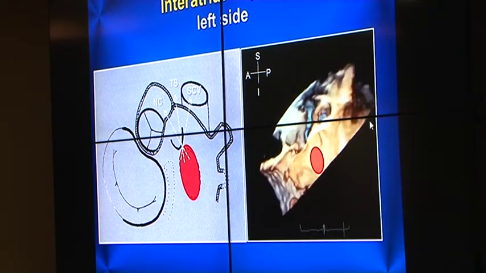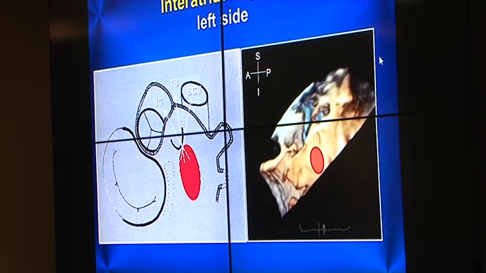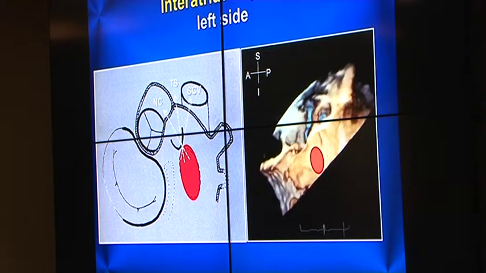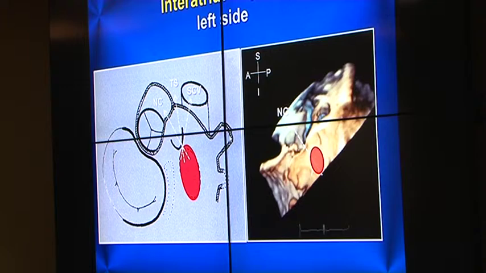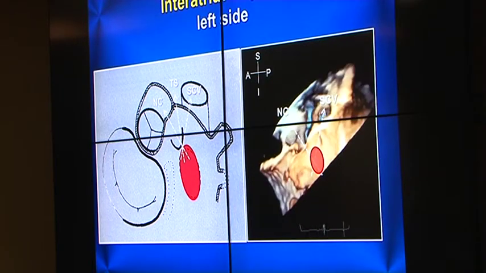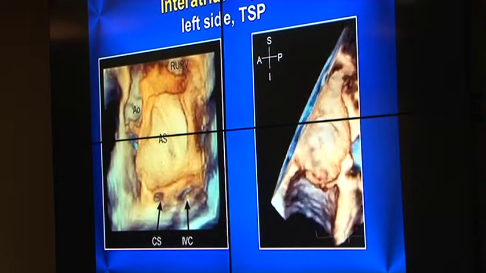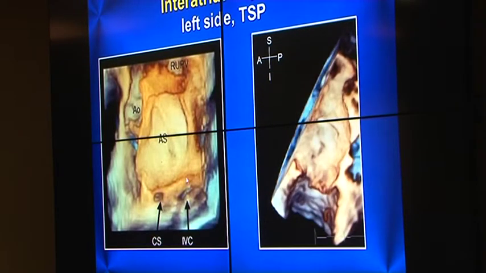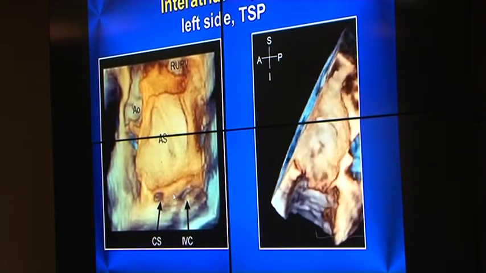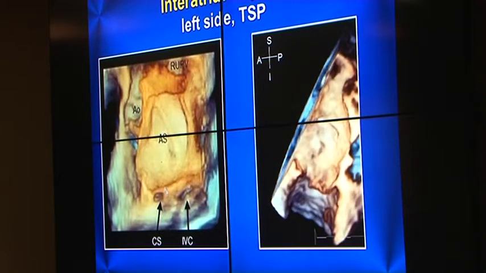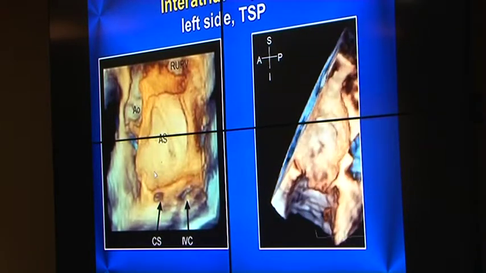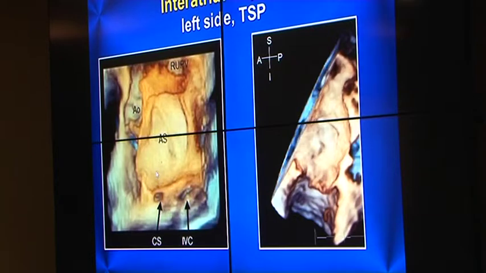So these are in close proximity, and these might be quite good orientation points in case of multiplanar reconstruction of the images. Behind, on the right side, there is the roof of the coronary sinus, and it's an important region in case of special forms of ASDs.